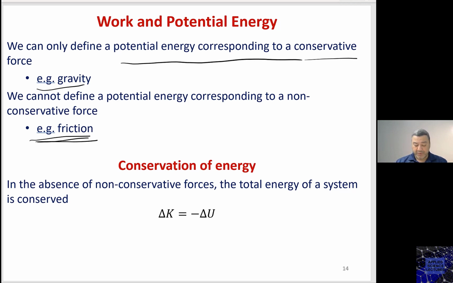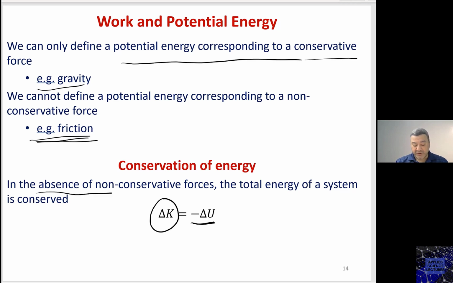So we will be dealing with conservative forces, and in this case we have the conservation of energy, which basically says that delta K equals minus delta U, assuming we have a lossless system.